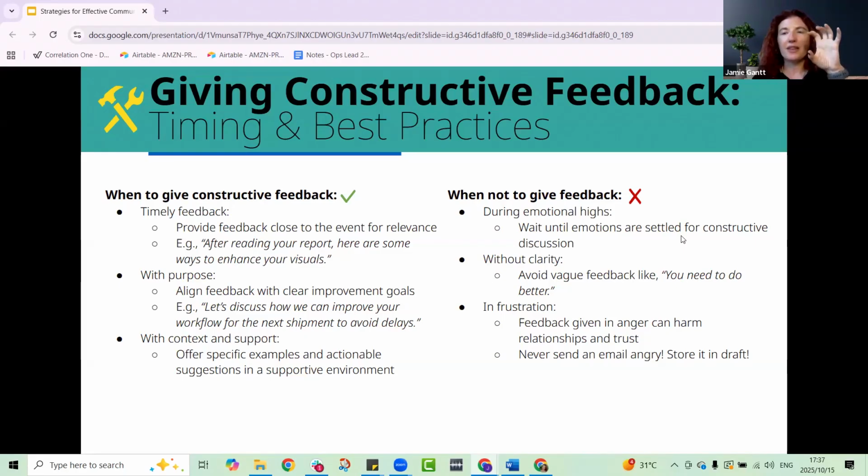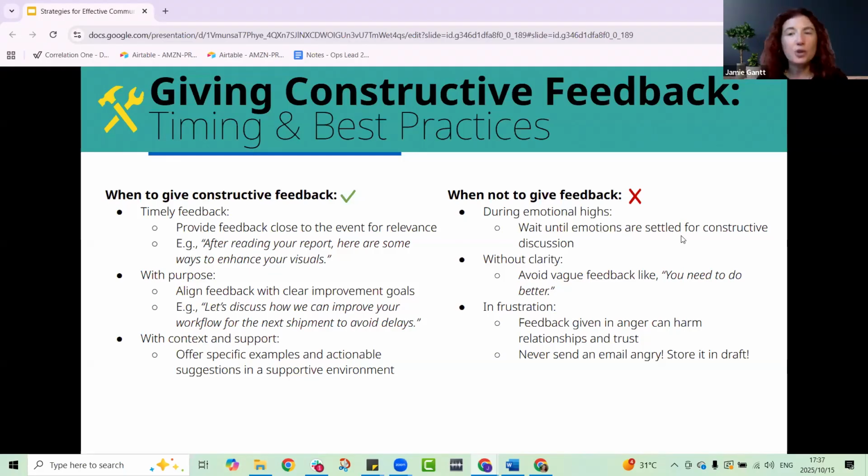If a near miss just happened, you wouldn't want to go and tell the person, hey, if you had stacked that more evenly, that near miss wouldn't have happened. Wait until they get over the initial jolt of the near miss, because that's a scary situation and that's going to be a heightened emotional moment, right? So let everything calm down first, then give the feedback.